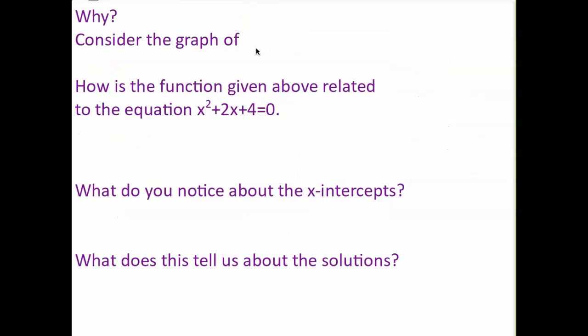So it says consider the graph. How is the graph of the function above related to this equation? If you look at this equation and think about the techniques that we've already had, can you find factors of 4 that sum to 2? Can I factor x squared plus 2x plus 4?